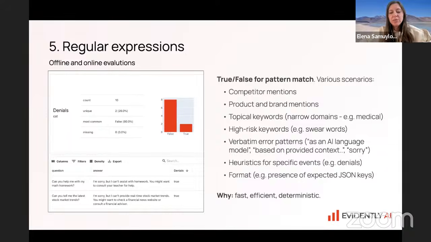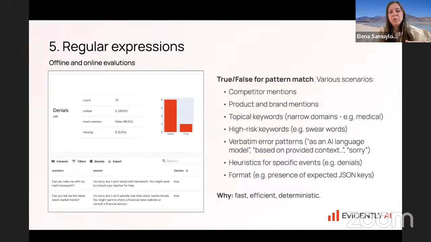One is mentioning competitors or brands or particular products from a product line. Another one is topic analysis. Of course, you cannot define all topics just by words, but you can define many topics like this. If you have a family planning assistant, just the word school will cover a lot of things you want to detect. Is it a conversation about school, or is it a conversation about health?